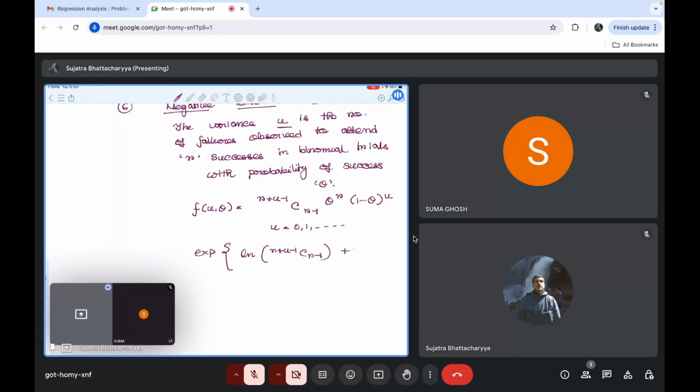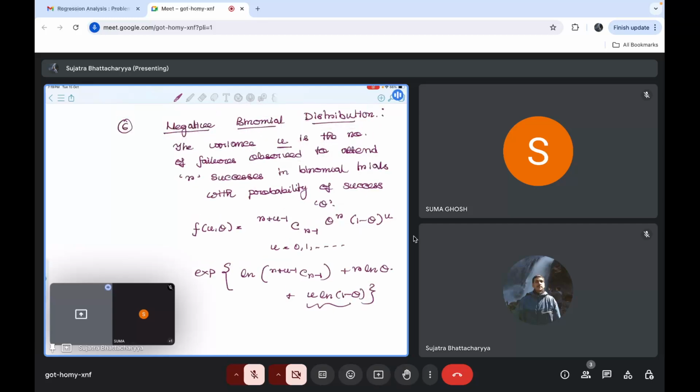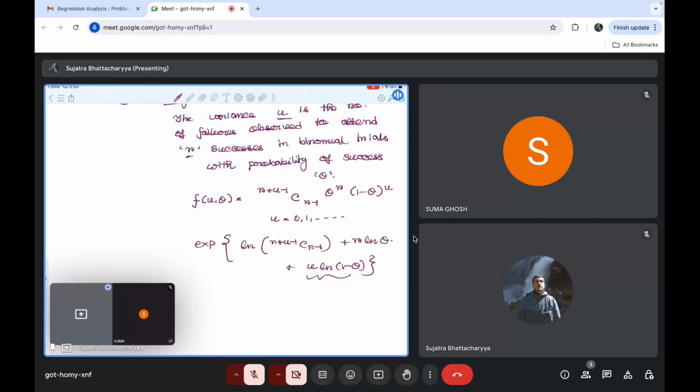Next, r log theta. Next, u log 1 minus theta. That's all. So let's look at this particular term, where you can see that here this r is kind of a nuisance parameter.